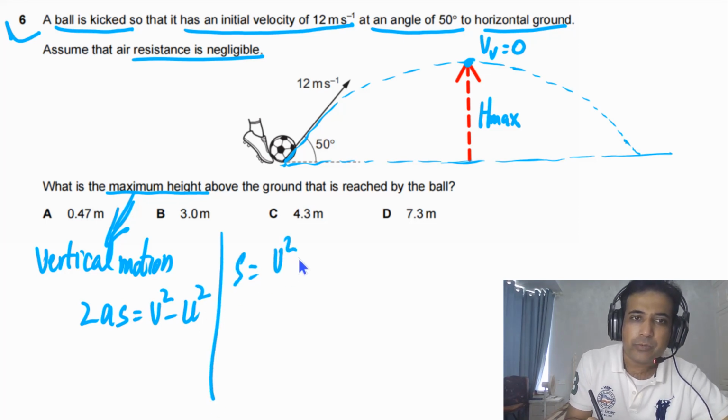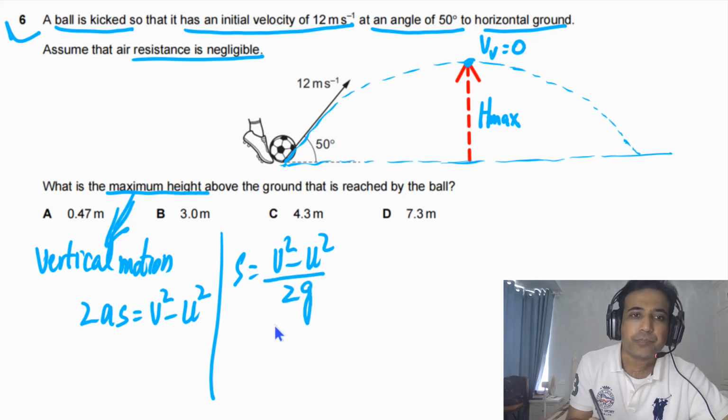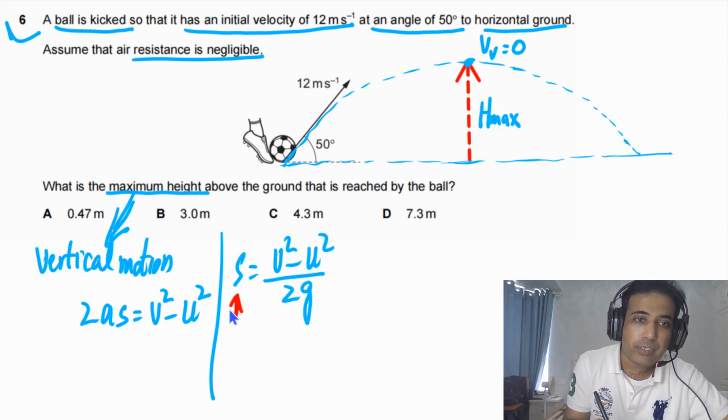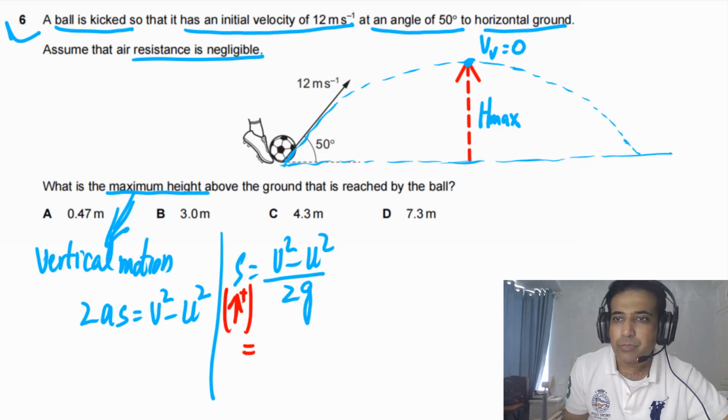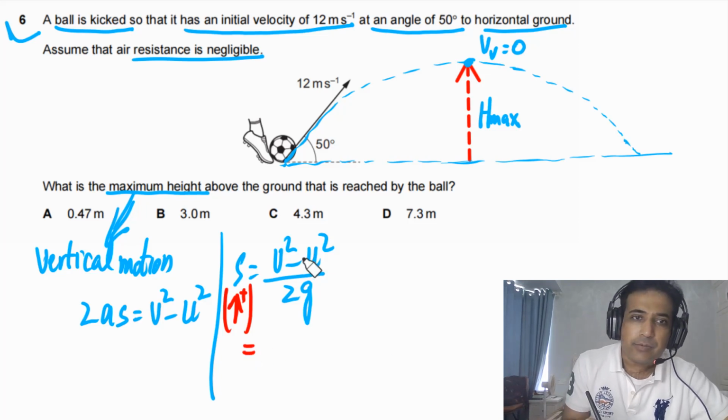We can rearrange: v squared minus u squared divided by 2g. Now we need to take one direction as positive. In this case we will take up as positive, because vertical displacement will be positive if you take up as positive. So if we take up as positive, this u will be positive but g will be negative. So we will write here 0 squared because the final velocity at this point is equal to 0.